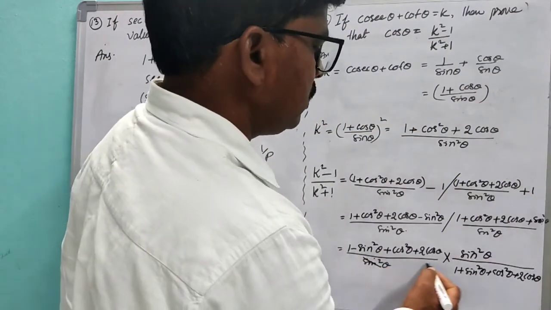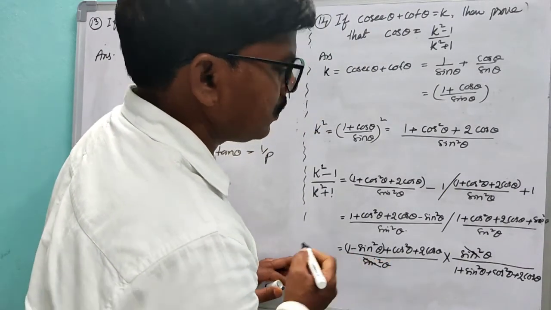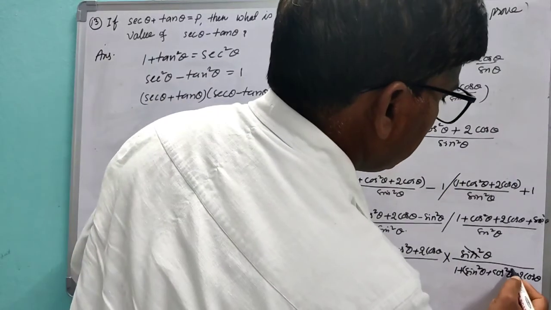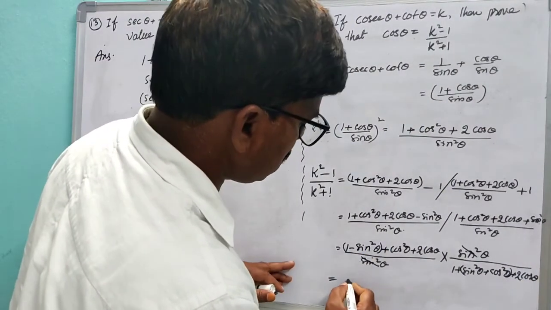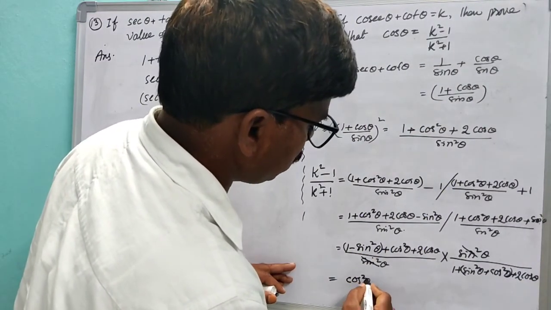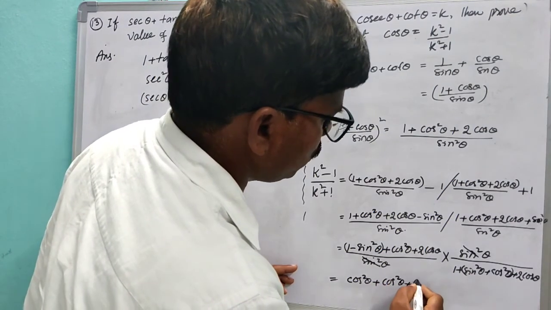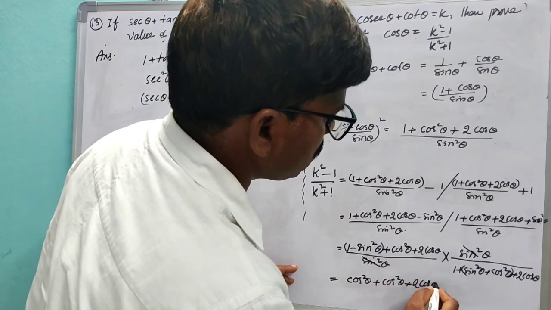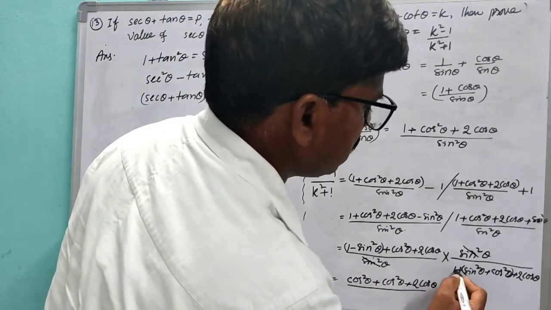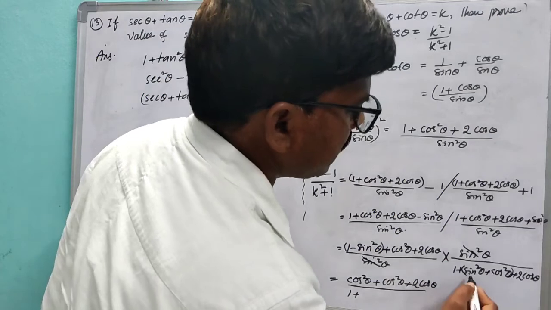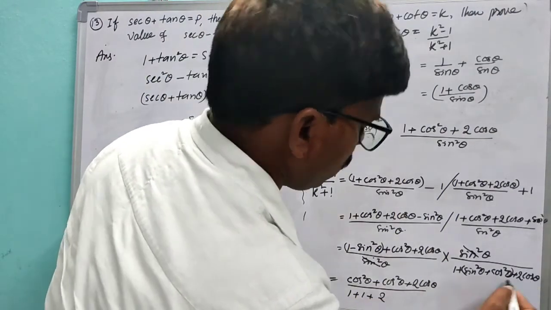Now sin gets cancelled. Here this is nothing but cos square theta, and this is cos square theta again, and this is 2 cos theta, by 1 plus sin square theta plus cos square theta, which is again 1, plus 2 cos theta.